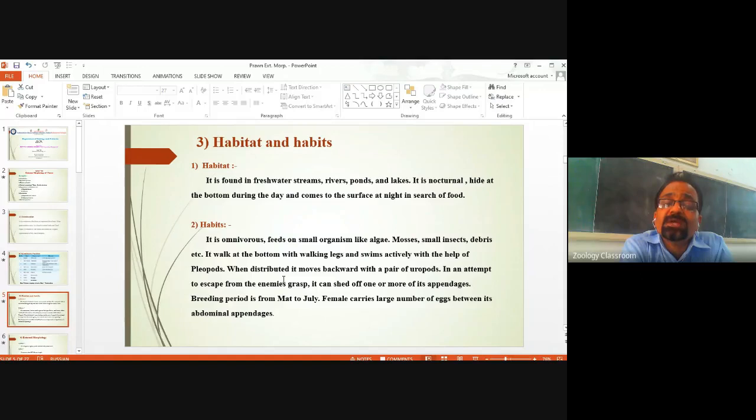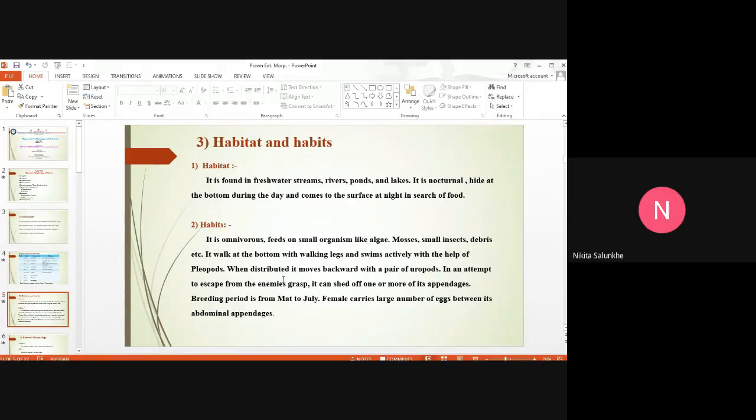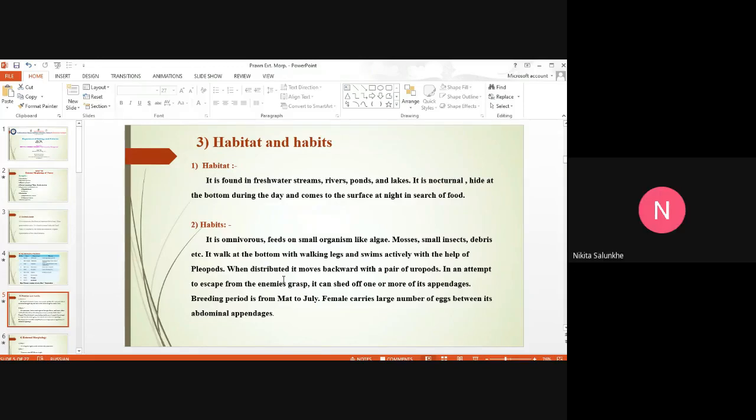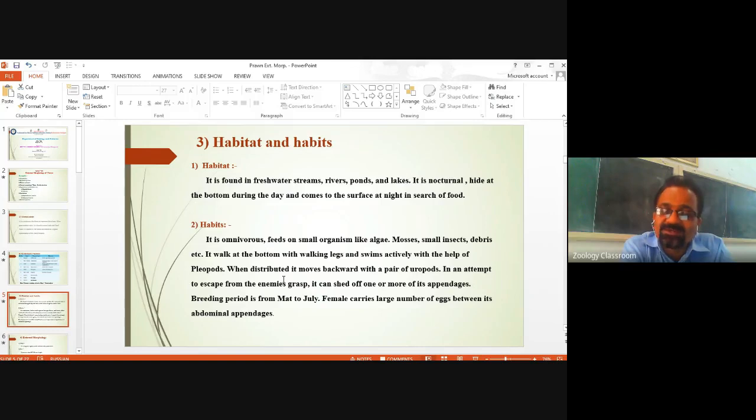As I've mentioned, when it is trying to escape from the enemy's grasp, it sheds off one or more of its appendages. Cockroach? No. Yes, there you are.